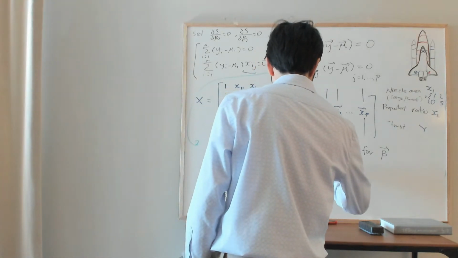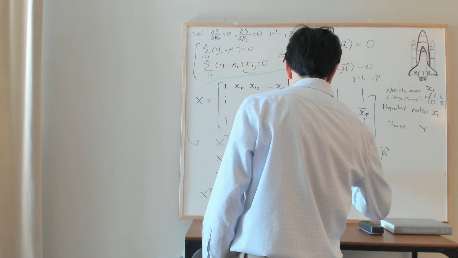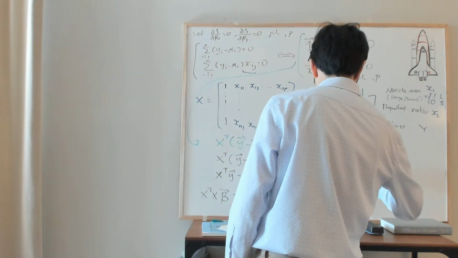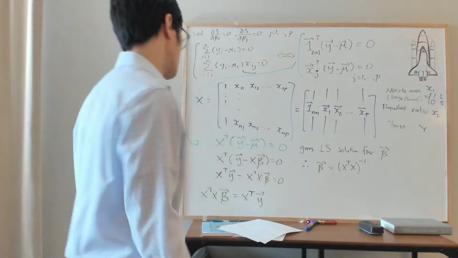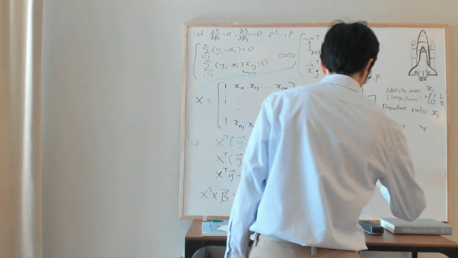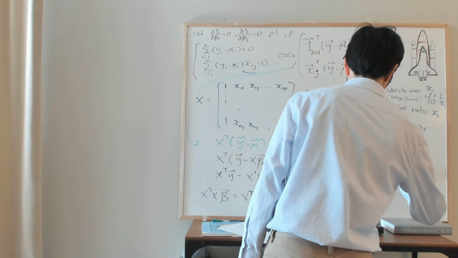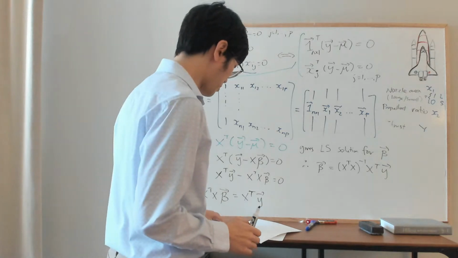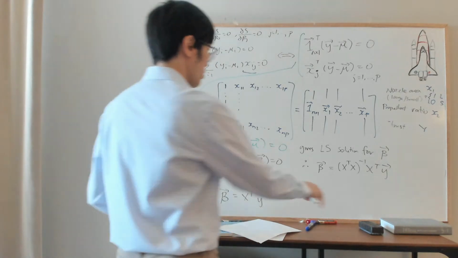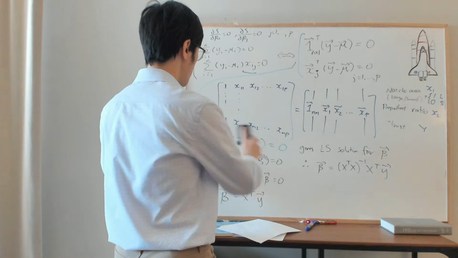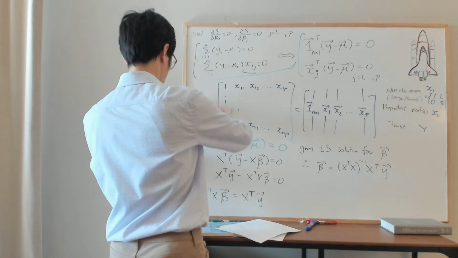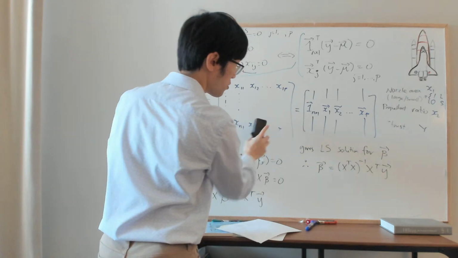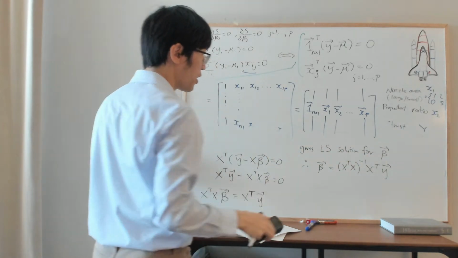So therefore, beta equals the inverse of X transpose X, times X transpose y. That is the matrix algebra based solution for the least squares, and it's very compact.